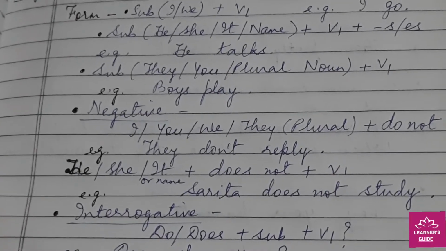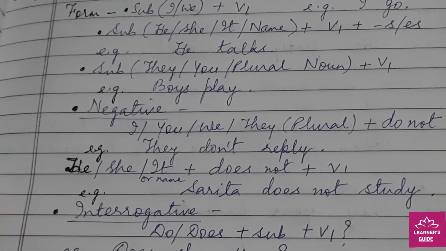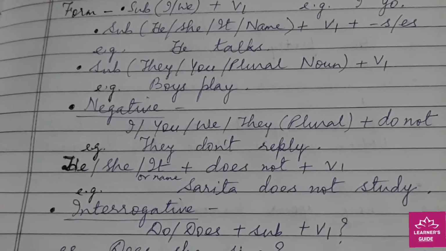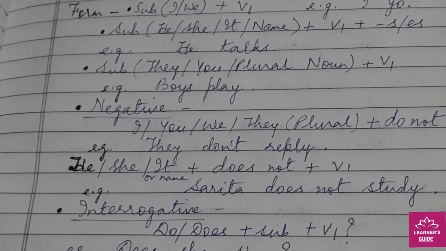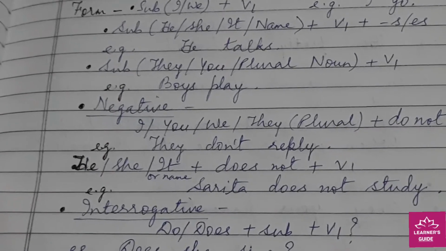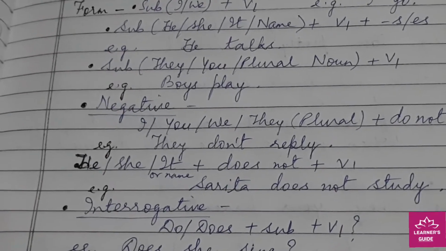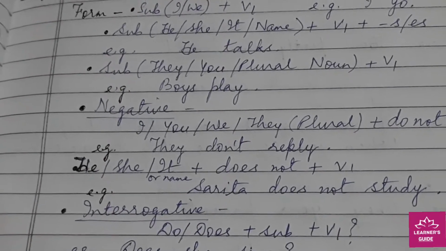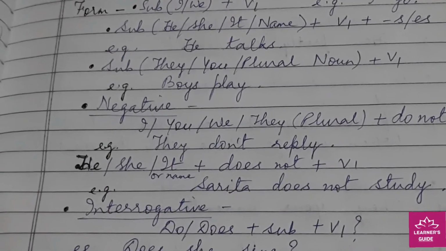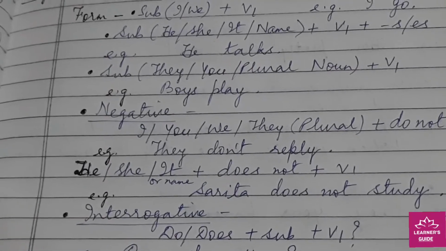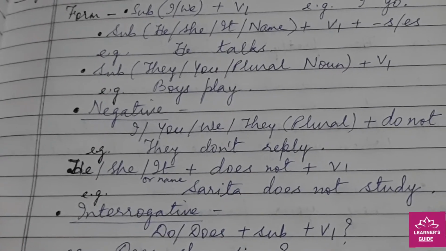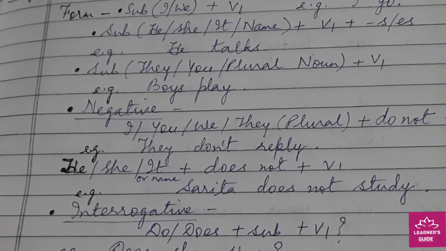So always we should use s or es with the first form of the verb if our subject is in third person pronoun like he or she, or if anybody's name is coming like Ravi talks a lot in the classroom. So like that, we should add s or es with the first form of the verb.